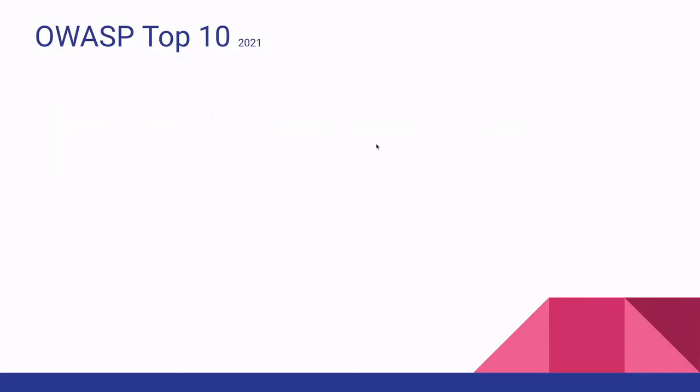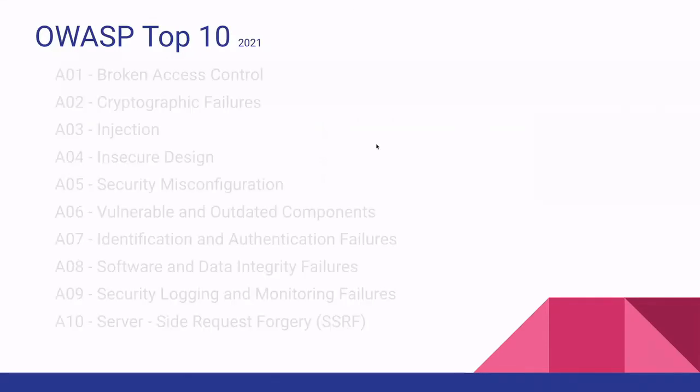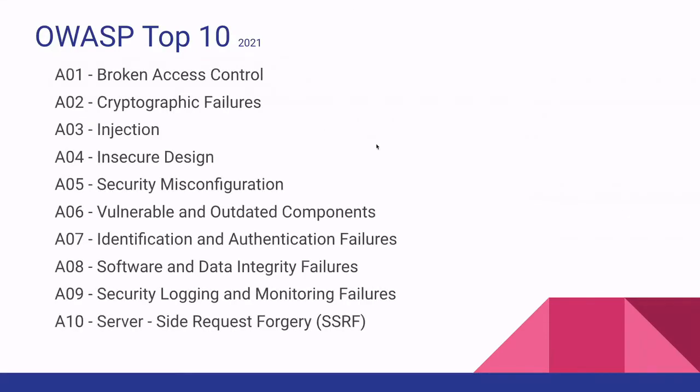Okay, so let's move on to OWASP Top 10. This is OWASP Top 10 2021, which includes broken access control, cryptographic failures, injections, insecure design, security misconfigurations, vulnerable and outdated components, identification and authentication failures, software and data integrity failures, security logging and monitoring failures, and last, server side request forgery.